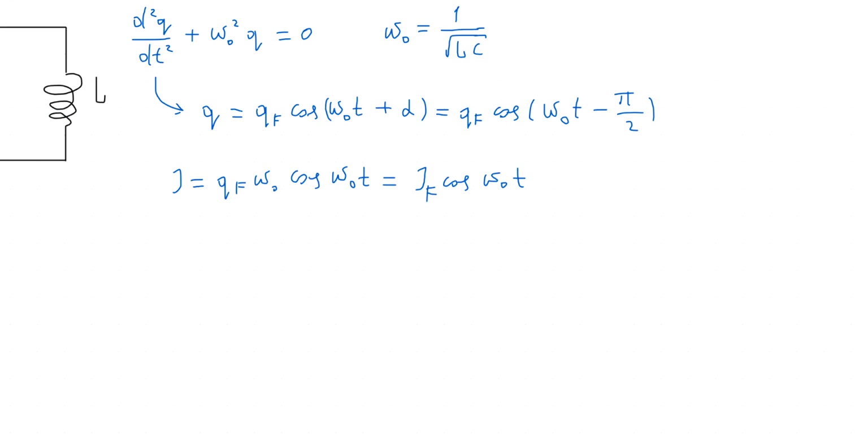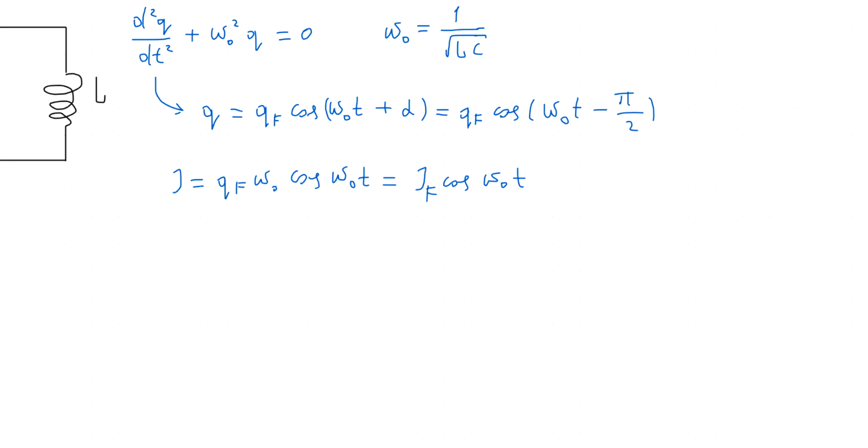Why can we do this? Because here we have electric current, and it means that the multiplier near cosine is also electric current.